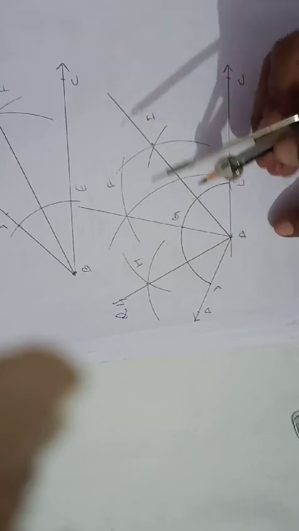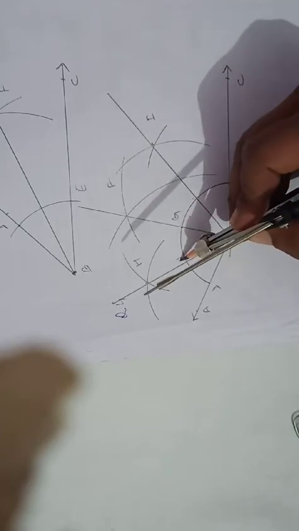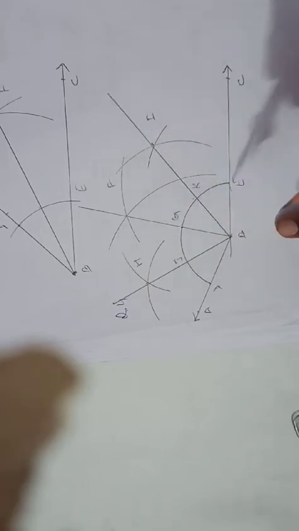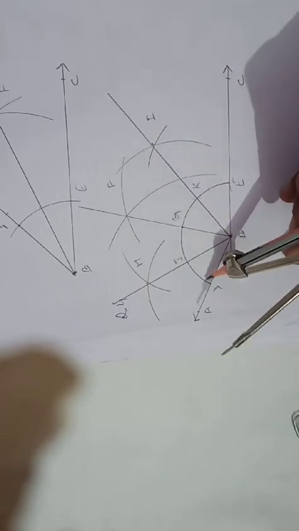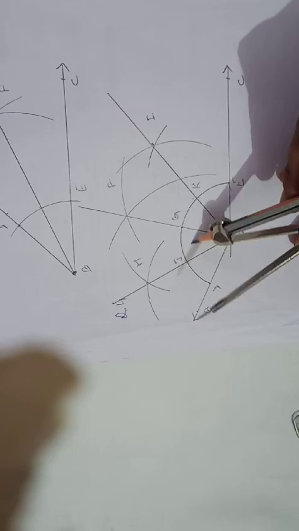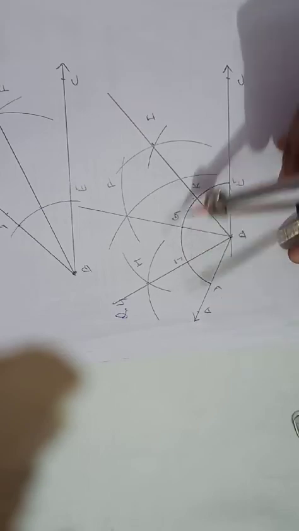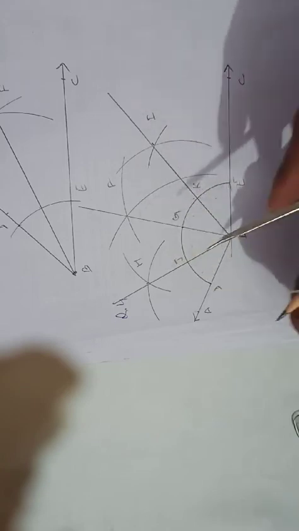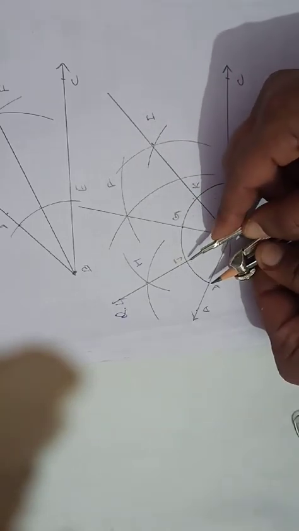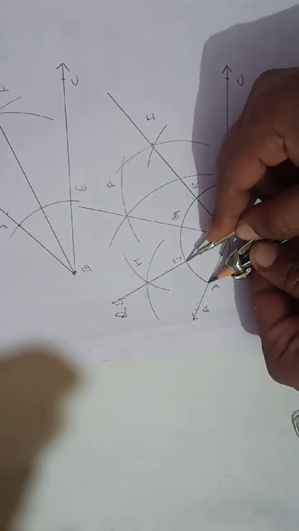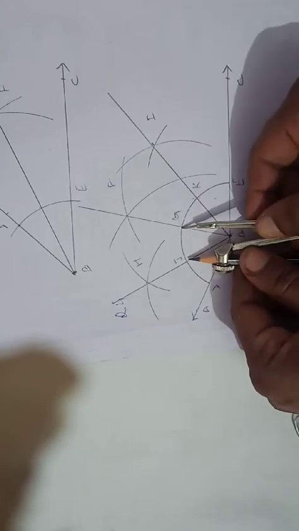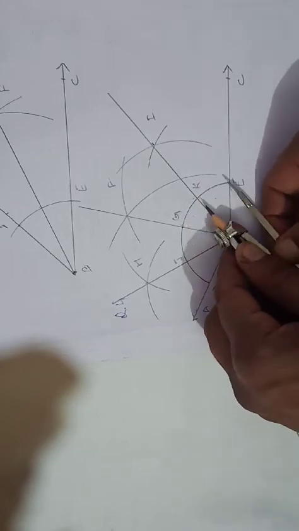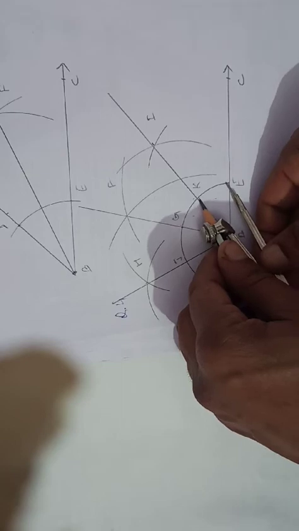You can put the name here: one part, second part, third part, fourth part. The given angle is divided into 4 parts, and you can see here the 4 parts are equal. A little bit of difference will be there.